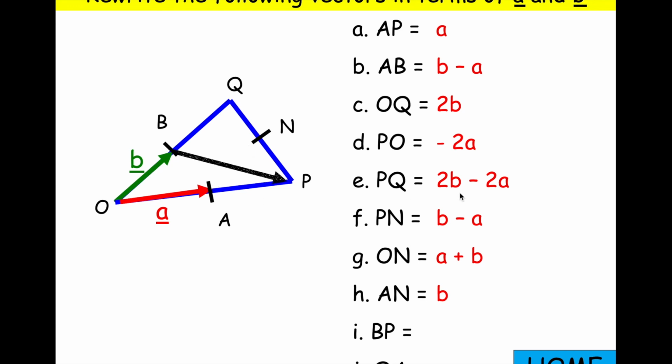And BP is just equal to negative vector B, so you go that way, plus vector 2A. And last one is vector QA. That's equal to vector A minus vector 2B, because you go from Q the opposite direction, so that's negative vector 2B, and that's just vector A.